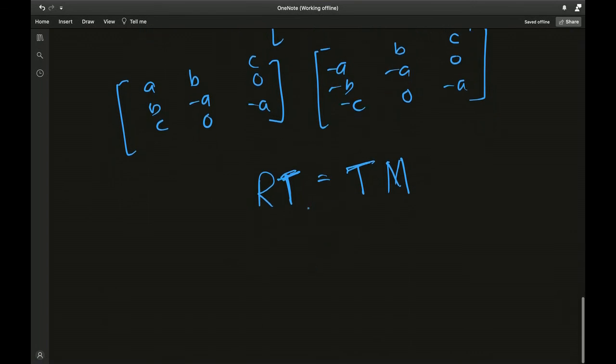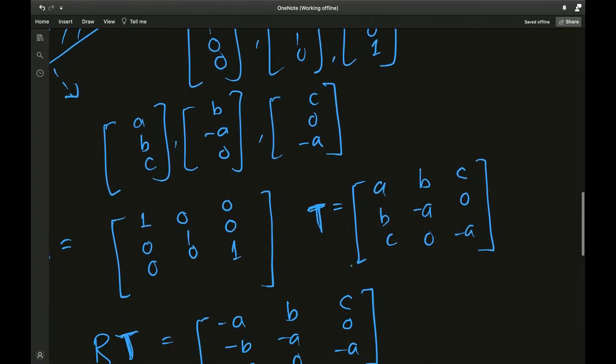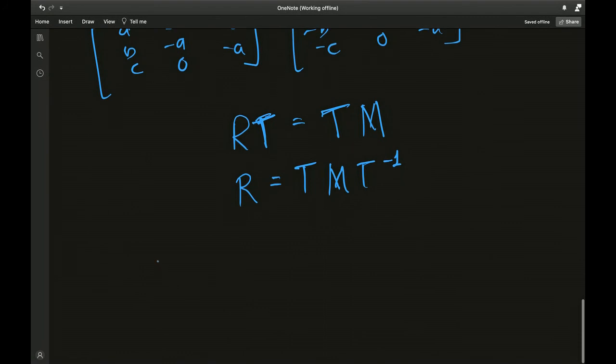Okay, now we need to find R. So if we take inverse on both sides, we have T M T inverse. Okay, and what is T? We know T. We had this all along.